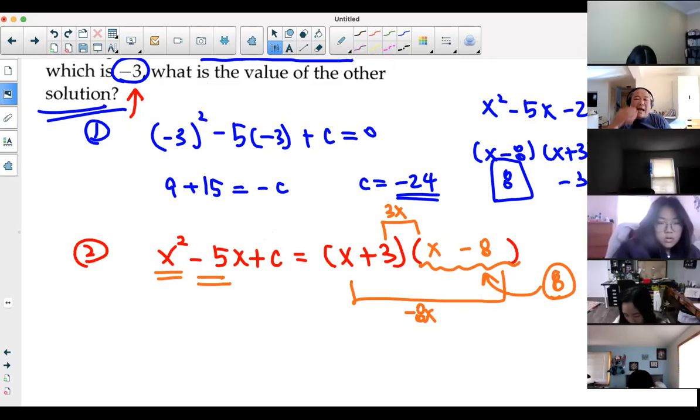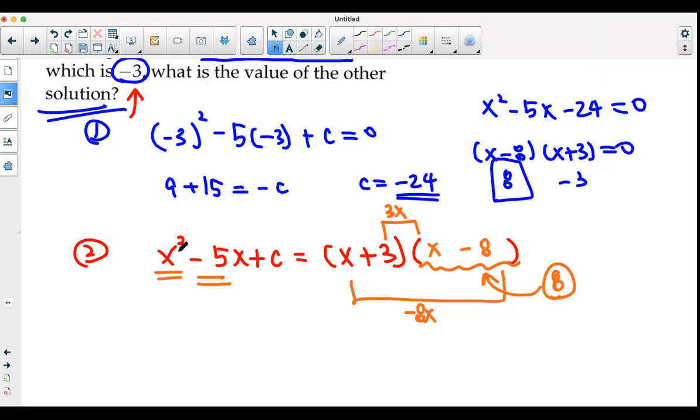Now, one of the reasons why I like the second method is because it forces us to do targeted multiplication. You understand, guys? It's not just blindly multiplying everything out, but I call it targeted multiplication. You target particular things in order for you to get particular results. So, for example, how do you get the first term?